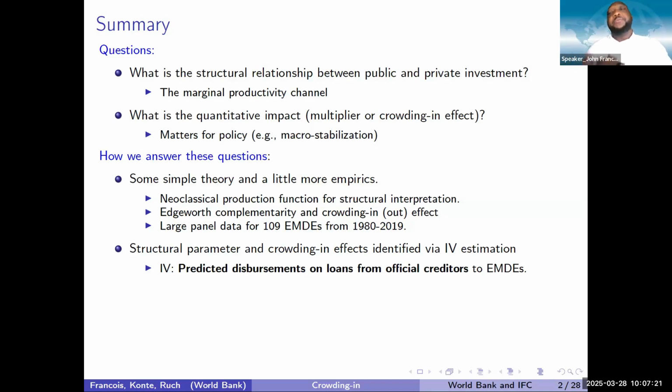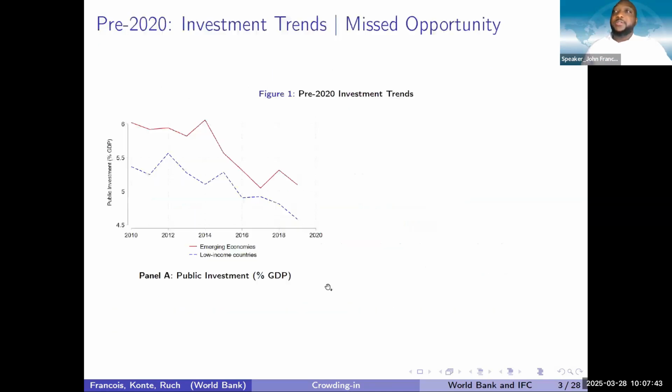This instrument is a recycled instrument because it has previously been used by some authors within the World Bank, Art Kraay and Maya Eden and co. They did it up to 2010, and we update it to 2019, and use it for our identification strategy to uncover the key parameters of the model.